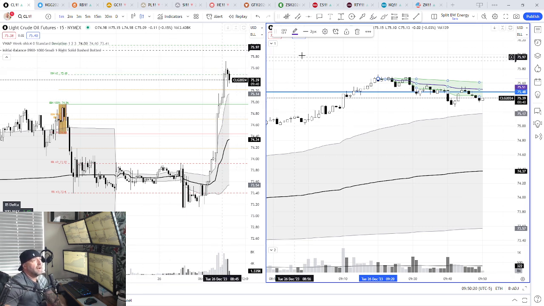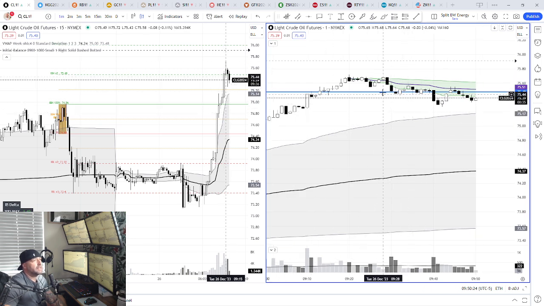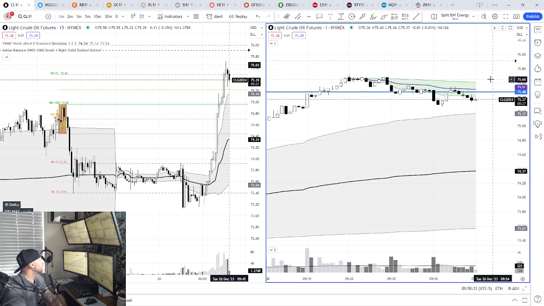So using anchor VWAP, these are great things to use at highs and lows. We could see who's in control. So clearly sellers are in control from the previous high. And until we get above this VWAP, sellers remain in control.